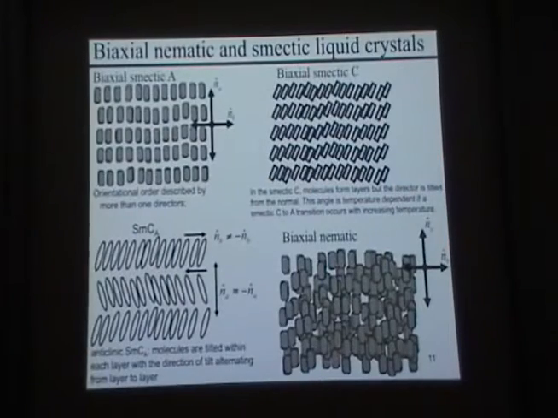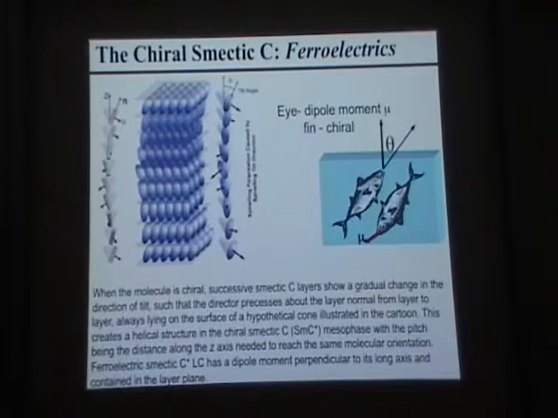For example, the one I show in here has the molecules tilting with respect to the layer normal, but the tilt direction is alternating from layer to layer, and those have anti-ferroelectric properties, while the material I'm showing in here is the so-called Smectic C star, and in this phase you have a combination of layer structure and chirality, because the molecules are tilted with respect to each other, but this tilt direction is changing as you would move in the direction along the layer normal, right?